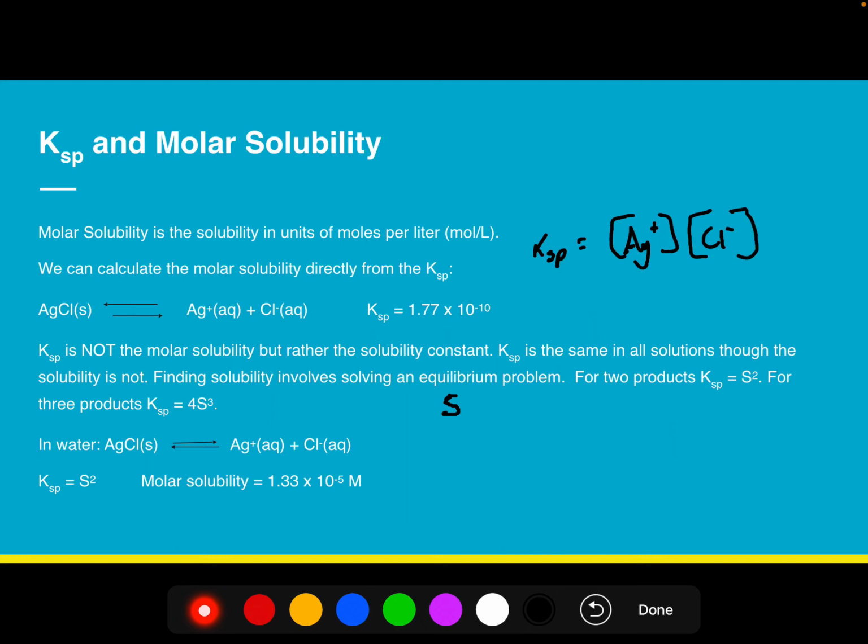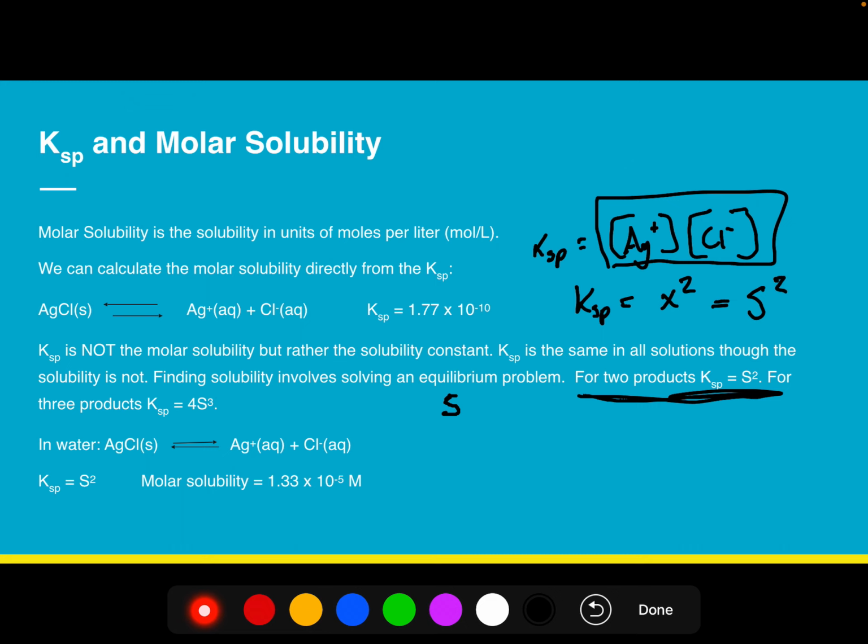Now, if you were to turn this into an ICE table, essentially what that means is KSP is equal to X squared, because since there's just a 1 in front of each of them, they would turn into X. So notice that the KSP for two products is S squared. So the molar solubility squared.